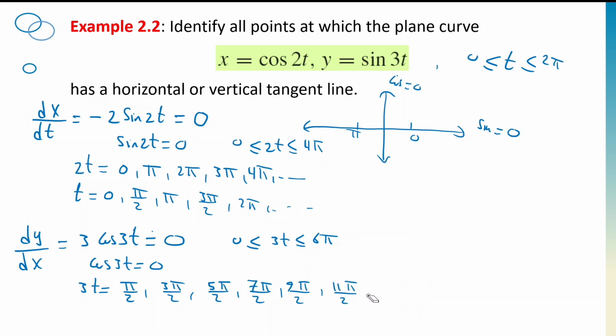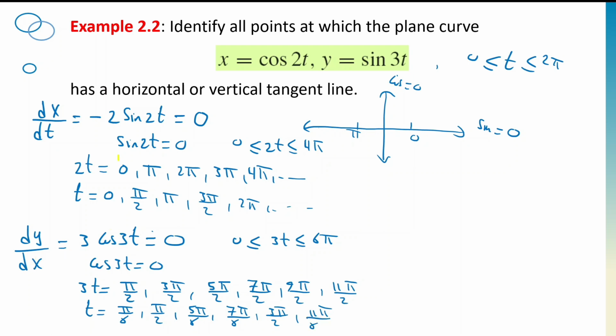Now I don't need 3t. Remember, we need t. So dividing by 3, t is pi over 6, pi over 2, 5 pi over 6, 7 pi over 6, 3 pi over 2, 11 pi over 6.